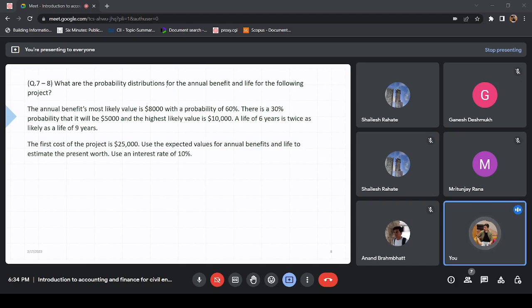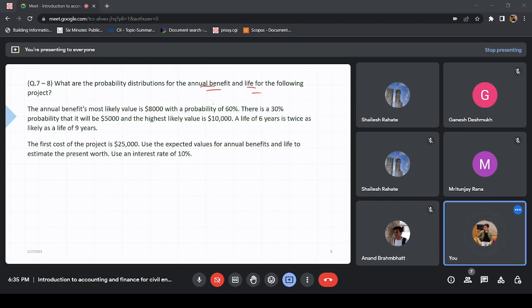Now, as you can see, you have got different probabilities, different values for your annual benefit also and for life also. These things, for initial calculations, we were considering them to be fixed, and then we were varying by just some values, right?